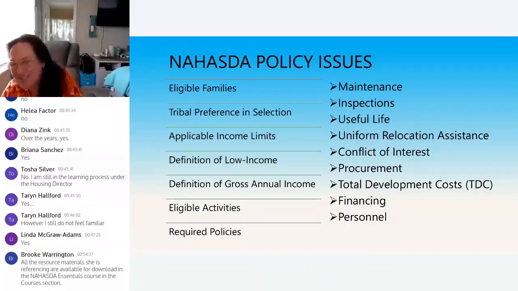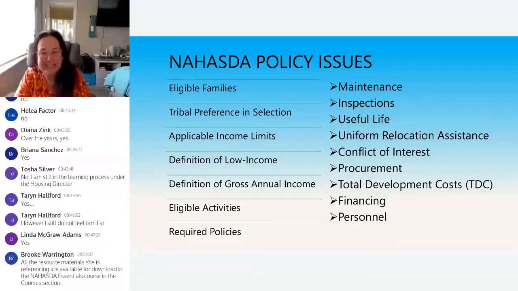So, NAHASDA policy issues: eligible families, your tribal preferences in selection. We have to maintain and follow the applicable income limits that are published every year. What your tribe uses for its definition of low income, your definition of gross annual income, your eligible activities, your required policies. You're going to have maintenance policies.